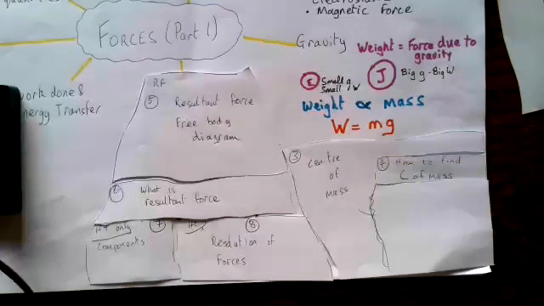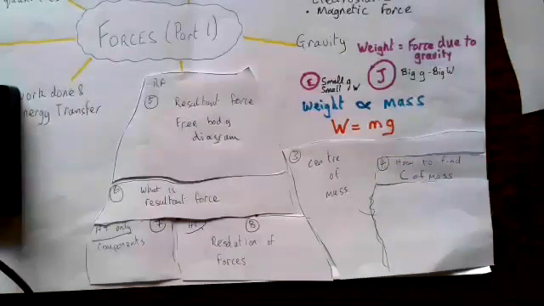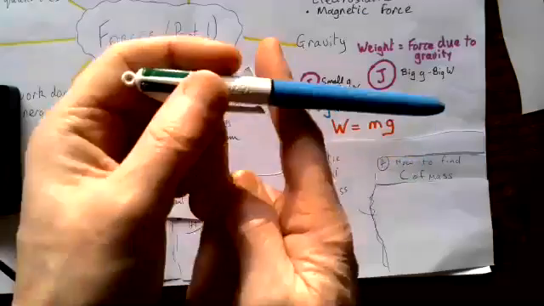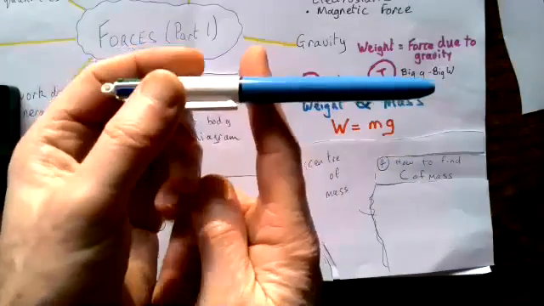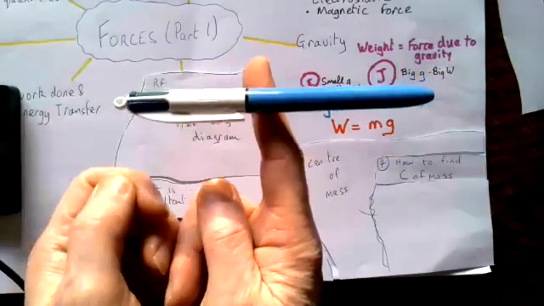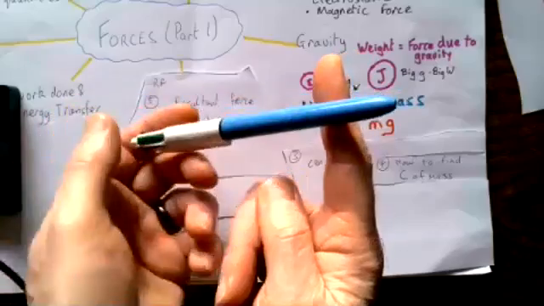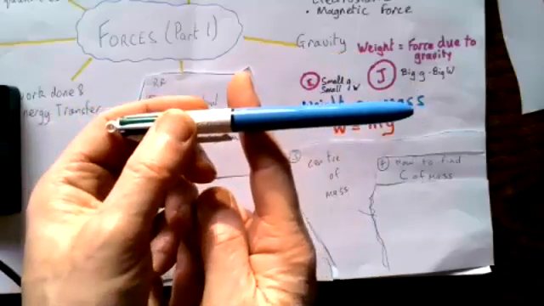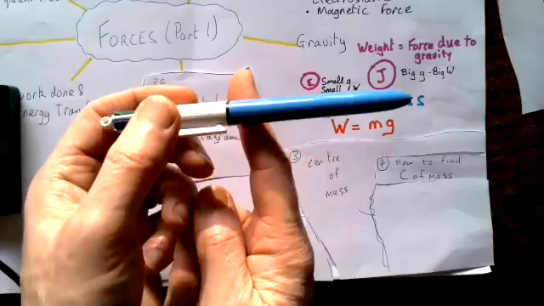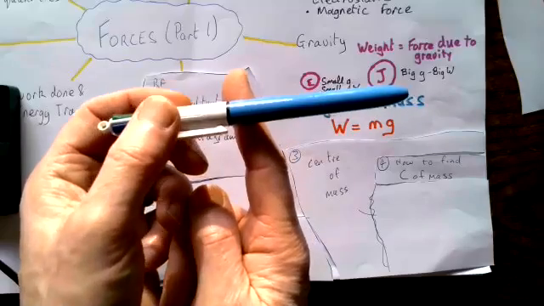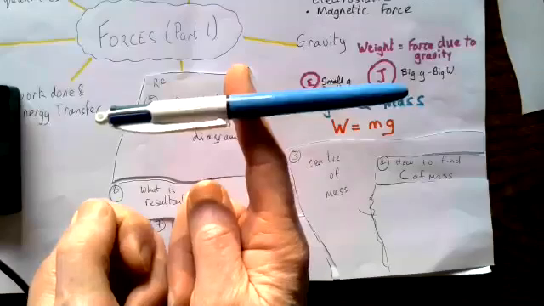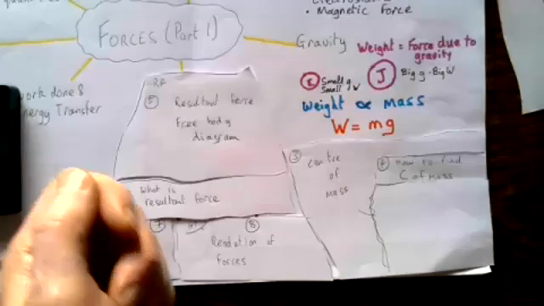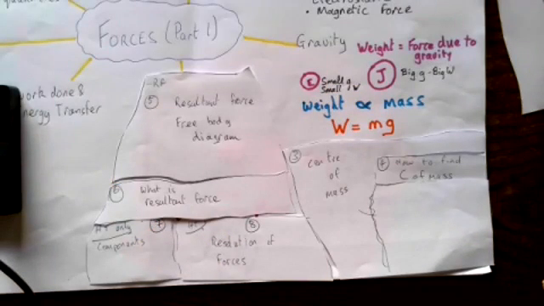W equals mg. Now, if we take an object, again, my pen, I can balance this on the middle of my finger like this. If I try to balance it over there, it'll fall down. That point where I balance it is called the center of mass. The center of mass is the point through which all the weight appears to act.